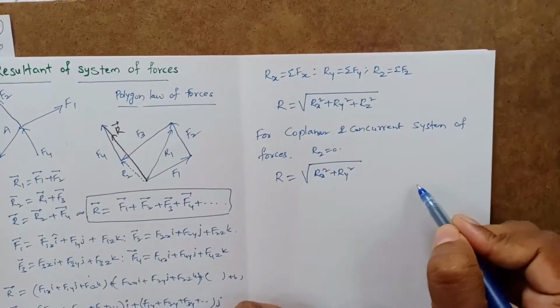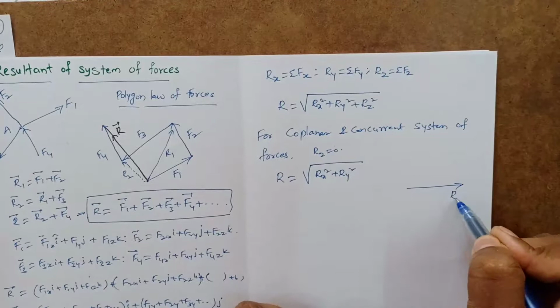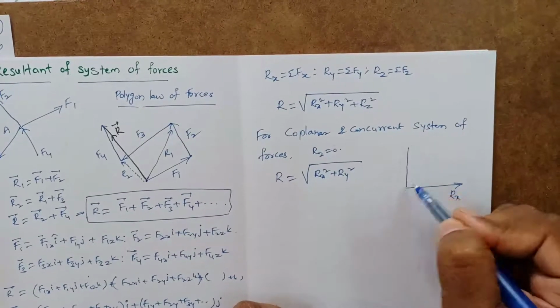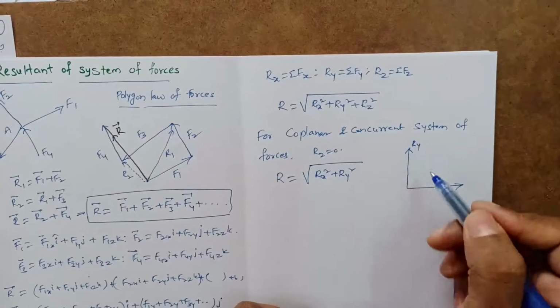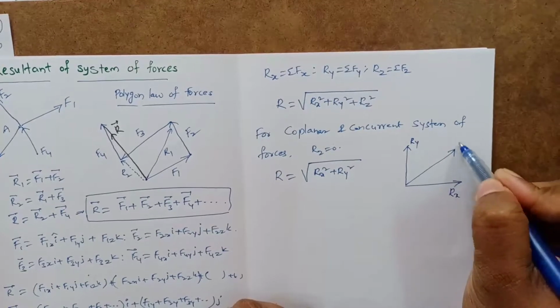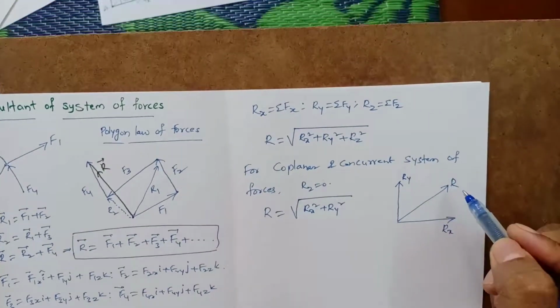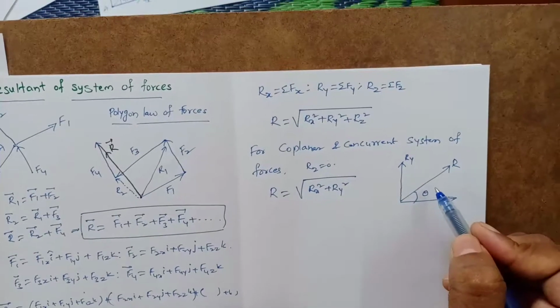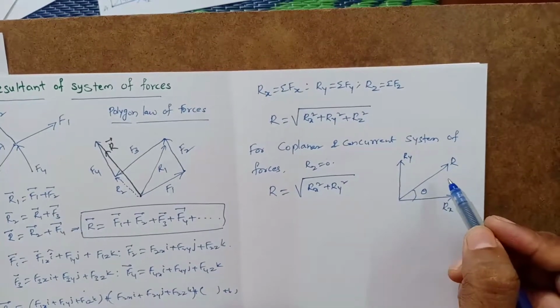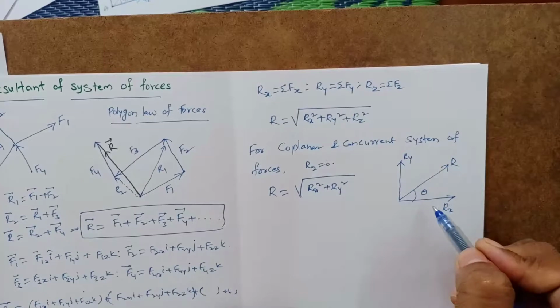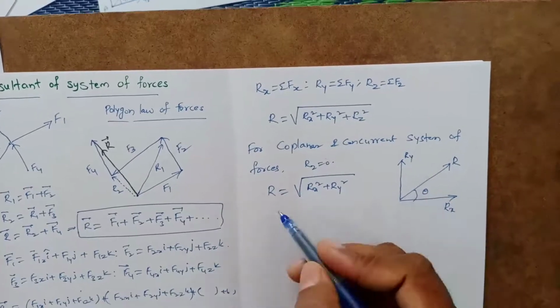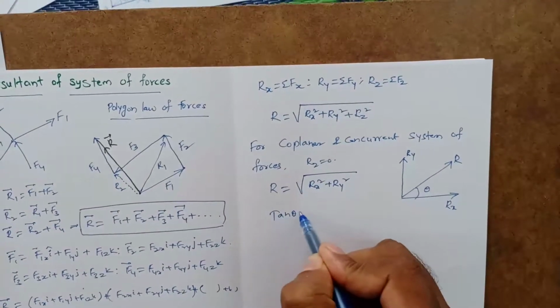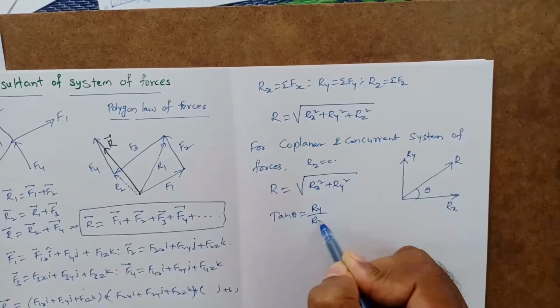Say this is rx, the x component, and this is ry, then your r may be something like this according to the triangle law. If you take this as your angle theta, describing the resultant force r with respect to the x-axis, then tan theta is equal to ry by rx.